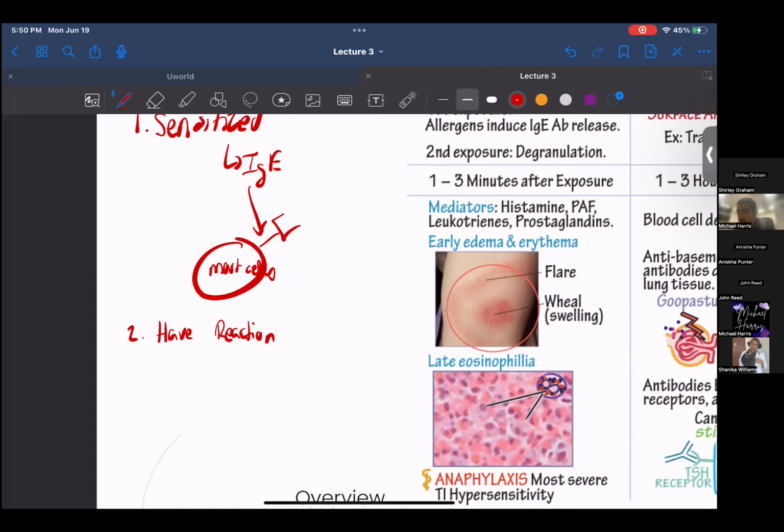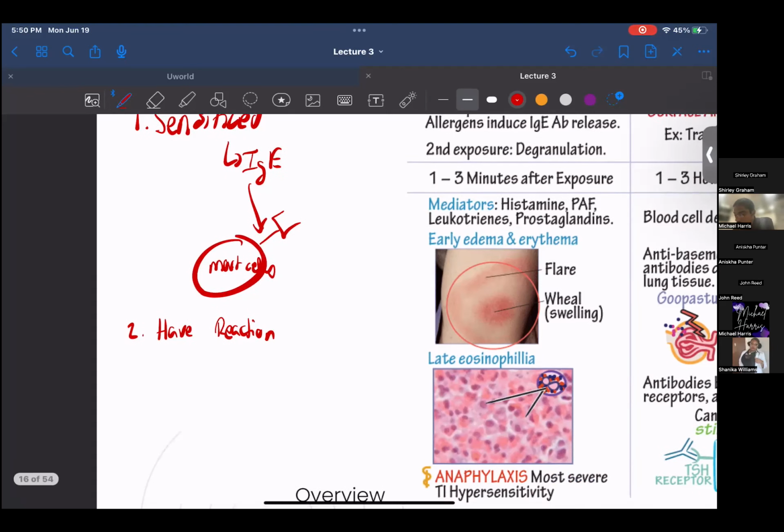Now, the repeated exposure is like a cyclic process because you increase IgE, which then makes the next response even worse than the last one. That's usually why, whenever you get stung with a bee and you have a mild exposure, you're like, oh, it's a little red there.